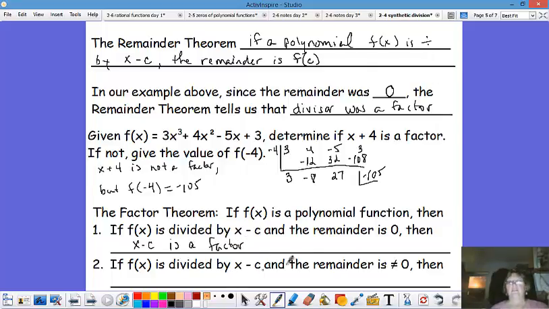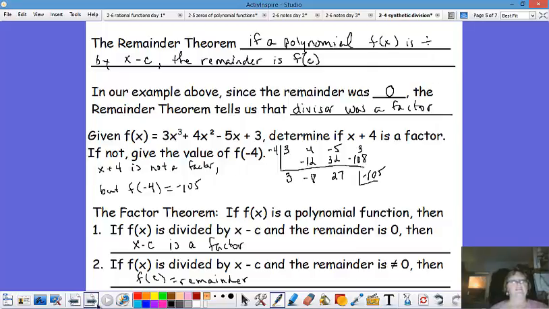If you divide by x minus c and the remainder is not 0, then what you know is f at c is equal to the remainder. Okay, just two little tools that will help us as we're working with our polynomials.